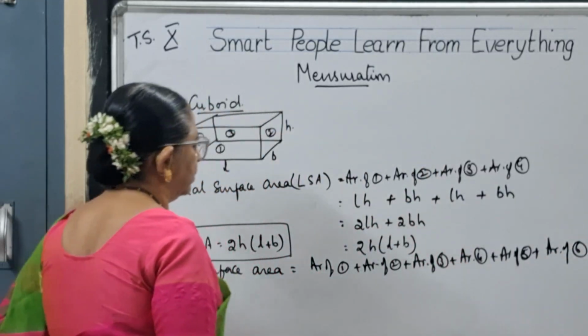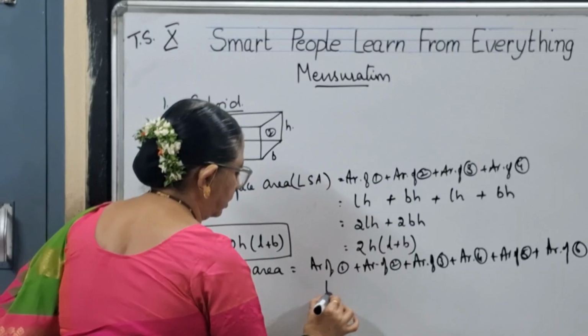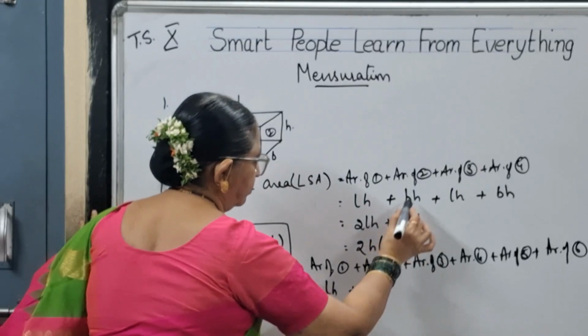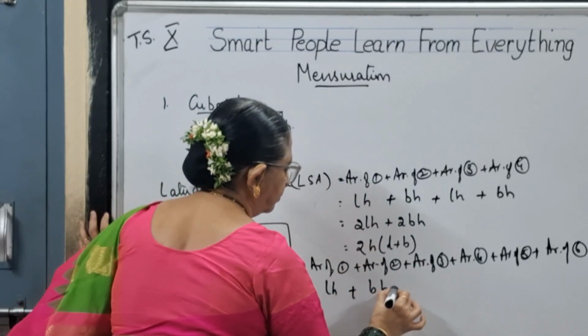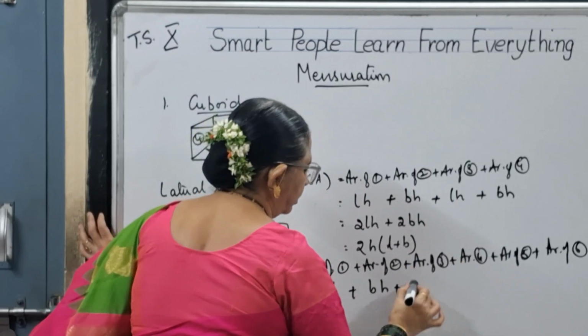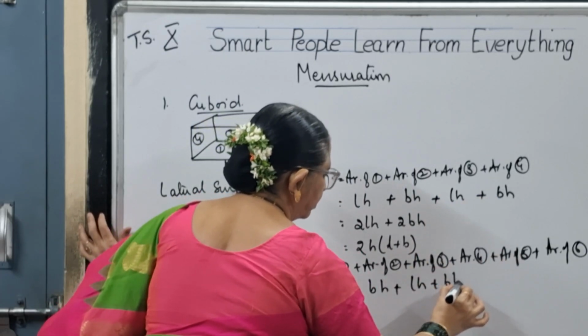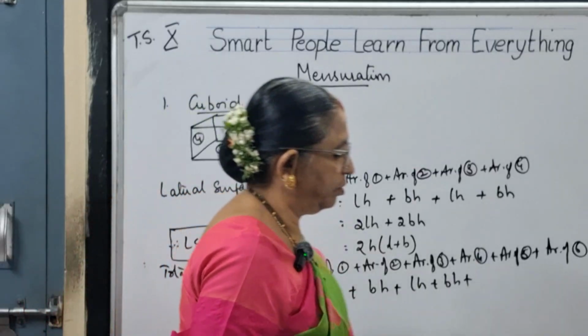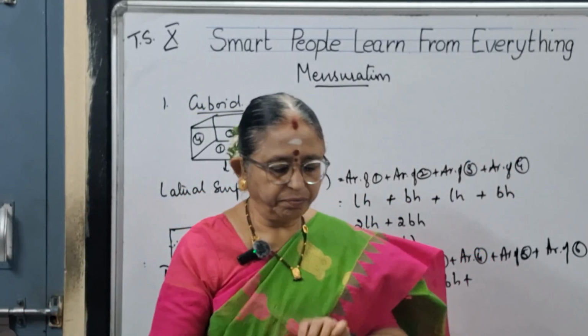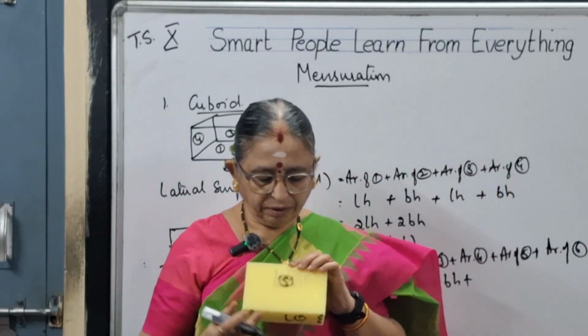So, first figure already we have got L into H plus second figure B into H plus a third figure L into H plus fourth one B into H plus fifth one. Fifth one means this one, children.